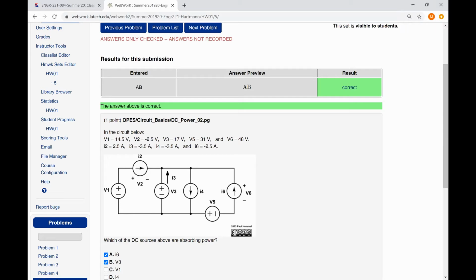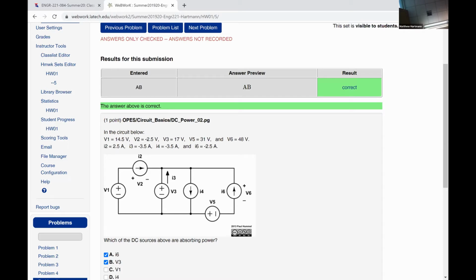So if the power comes out negative, then that means it is absorbing power. Is that what you're saying? Okay, so we're checking using the passive sign convention. What I did on each of those instances was I saw if the current went into the negative polarity terminal, then that means that it was supplying power.